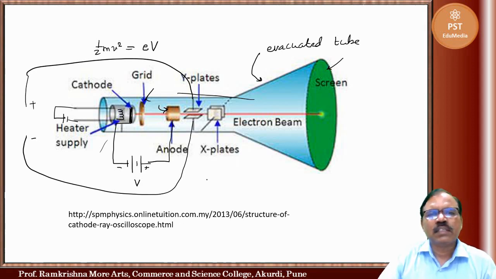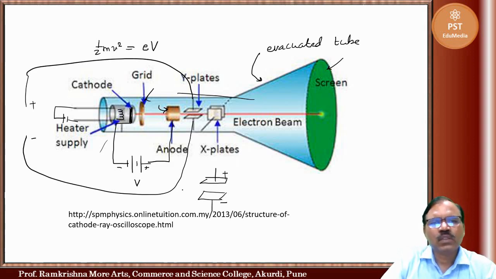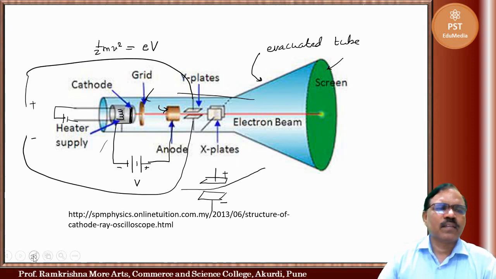So what happens? This is the upper plate and this is the lower plate. This plate is positive, this plate is negative. So this beam is deflected on this side and it goes like this. This spot here is deflected along the y-axis. If we interchange polarity, it is deflected downwards.